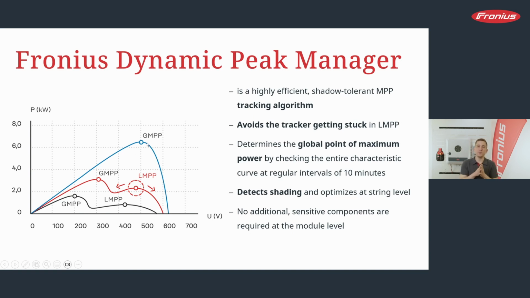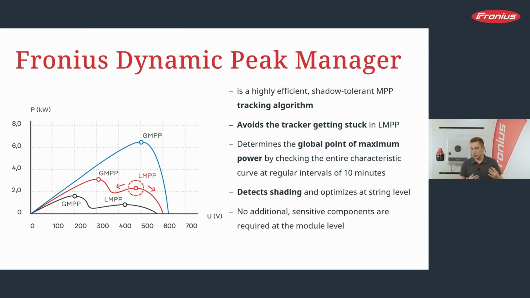This is the maximum power where the inverter can regulate the system to, voltage and amperage wise, to get the maximum power out of the system. For a normal unshaded situation, the IV curve looks pretty constant, so it's not a big problem for each and every inverter out there on the market to find the global maximum power point.